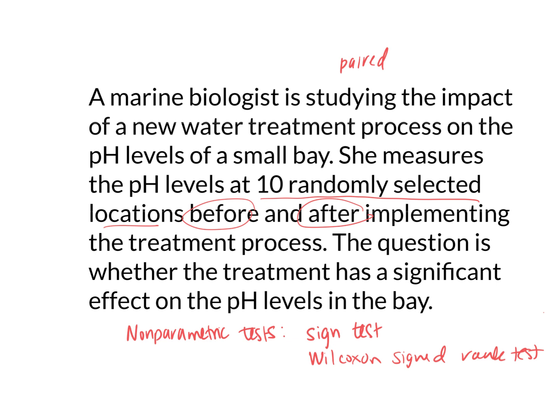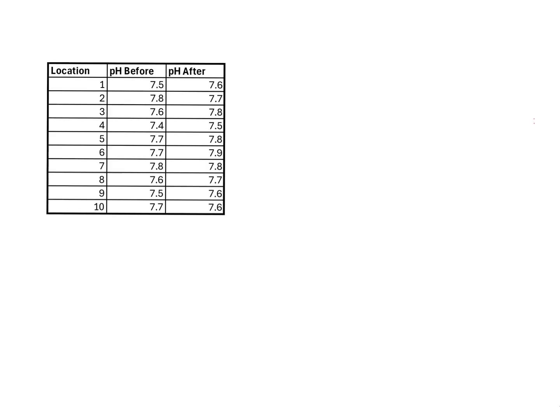We can use it for paired data, even if that paired data does not have any kind of normal distribution, and in fact, even if it doesn't appear symmetric. For the Wilcoxon signed rank test, technically the data should be symmetric, but the sign test doesn't have any restrictions like that. So we're going to use the sign test for this problem.